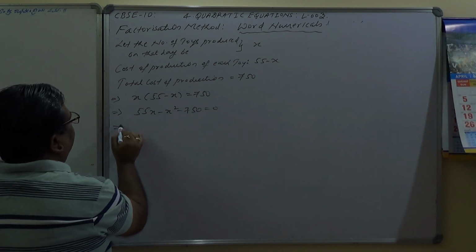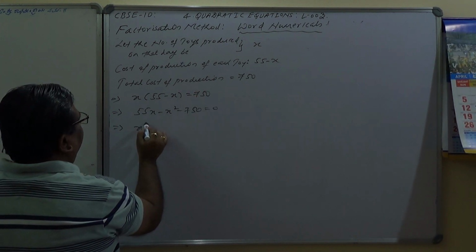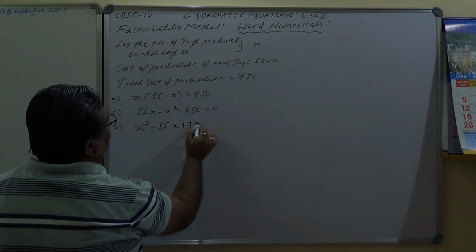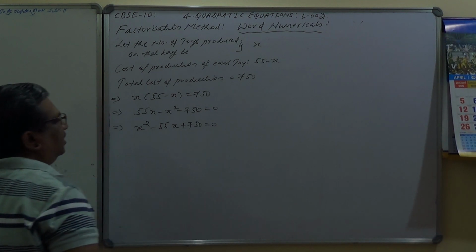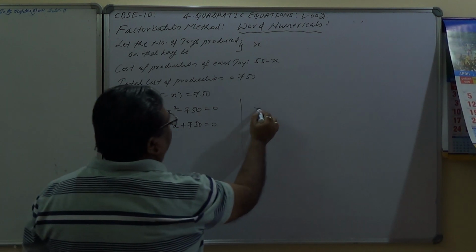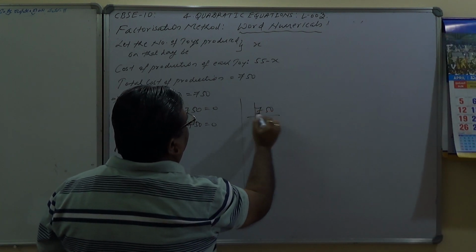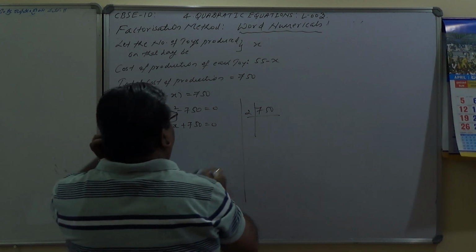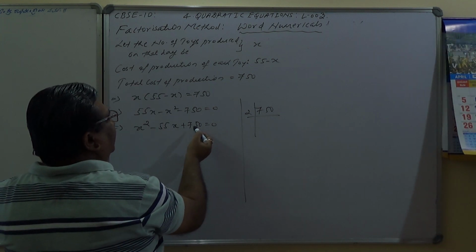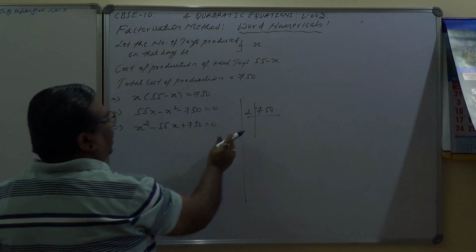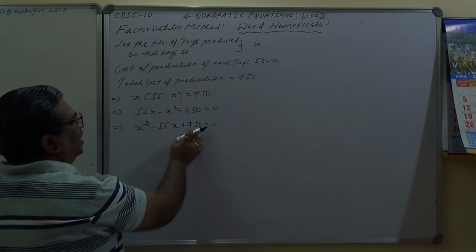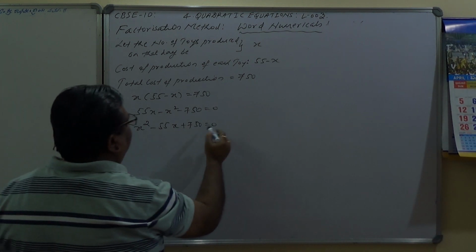Convert them into positive terms. Now transpose everything to that side. X square minus 55X plus 750 equals 0. How to solve this one? Let me factorize now. 750, I can see here, this is something like 25 3s are 75. 25 into 3 I can get directly. So 25 into 30 is 750.